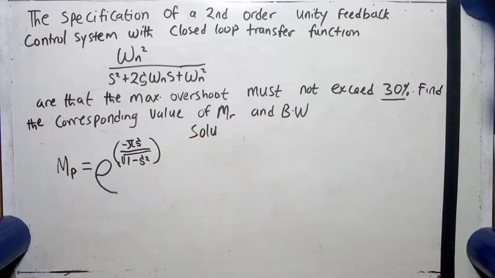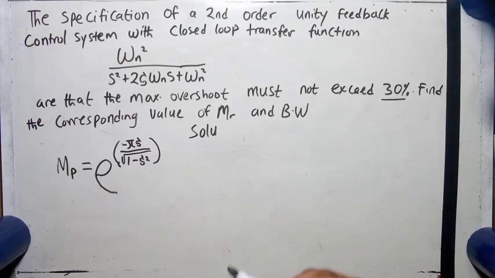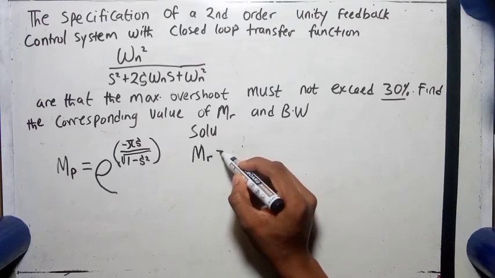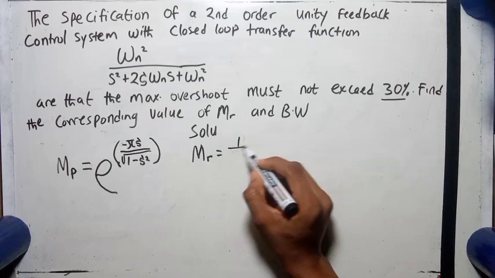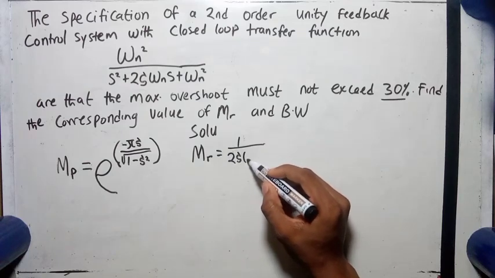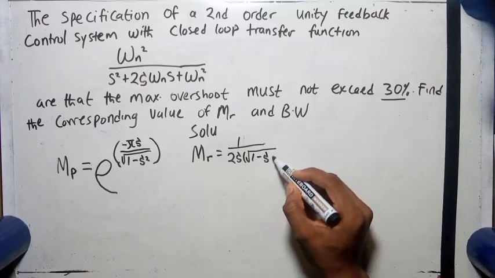So our aim now is to get zeta from here, because we're going to use that same value to get our MR, which we know is 1 over 2 zeta times the square root of 1 minus zeta square.